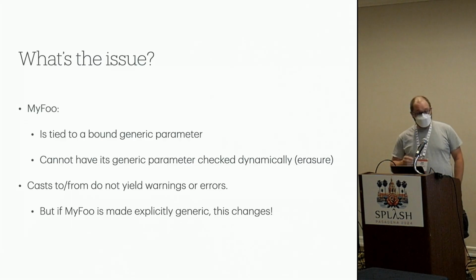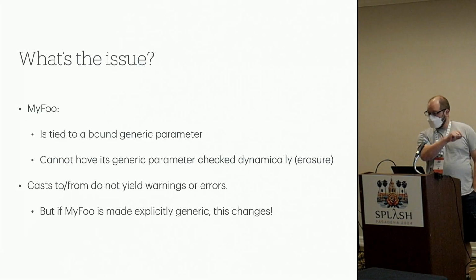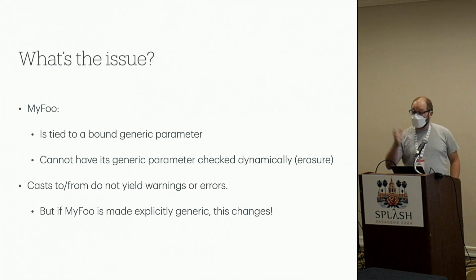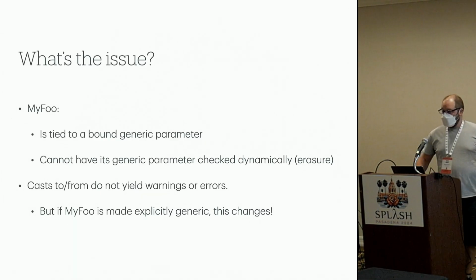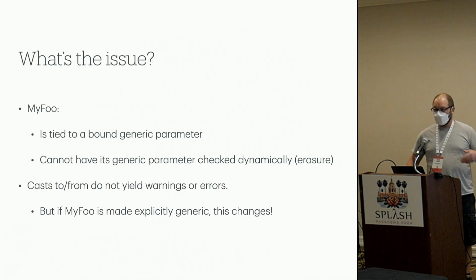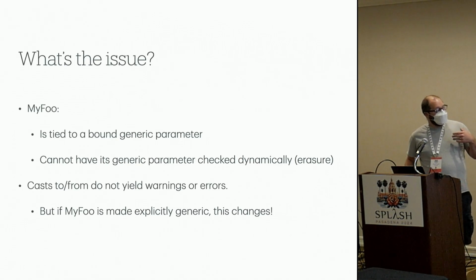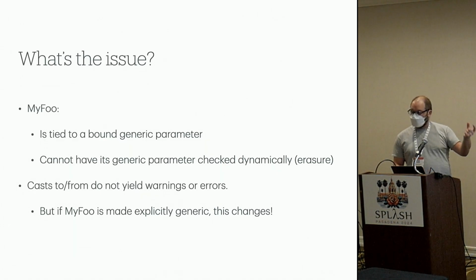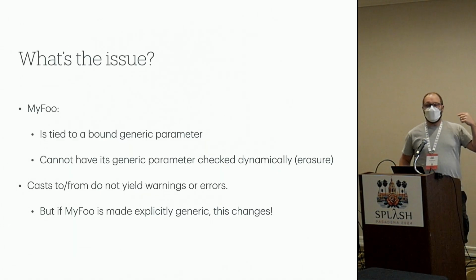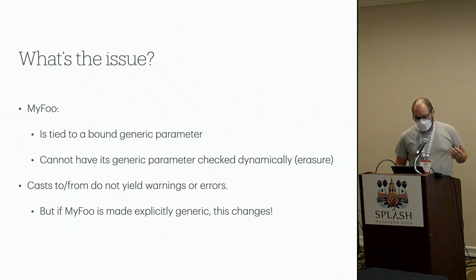But curiously, if you just tack on a bracket X on the definition of my foo, suddenly you get errors. So somehow, if this is explicitly generic, the compiler does what we would want. It gives you a warning. But since there's not literally a generic argument list on the declaration of my foo, it's treated as non-generic despite relying on this method generic parameter.